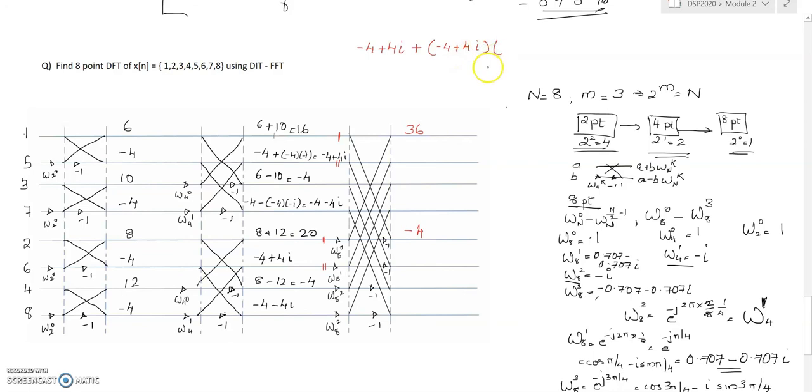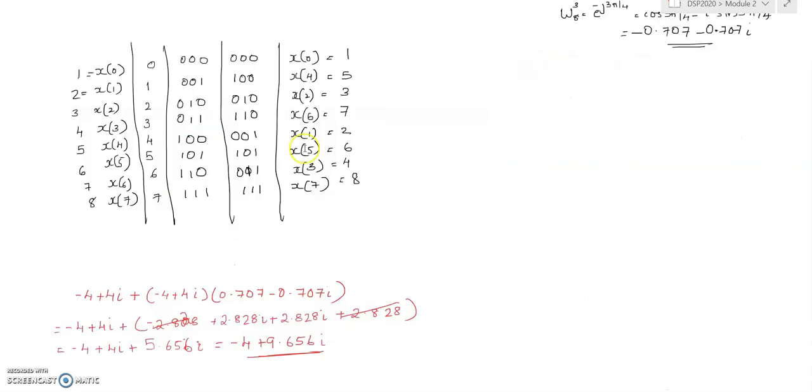into W81. W81 is 0.707 minus 0.707i. So I have solved this particular equation, -4 plus 4i plus -4 plus 4i into that twiddle factor.